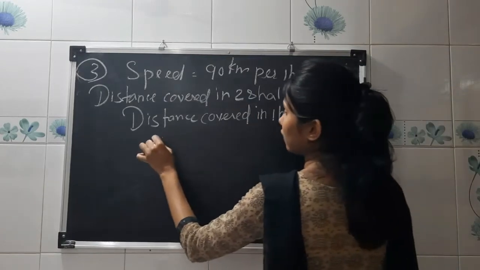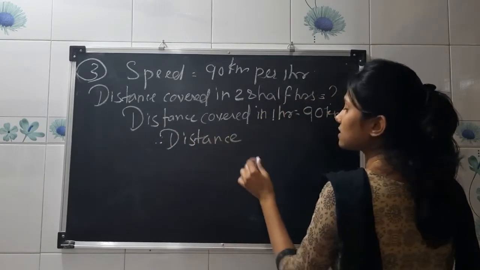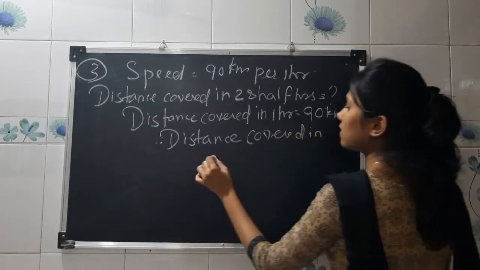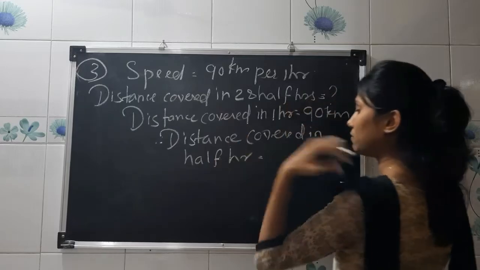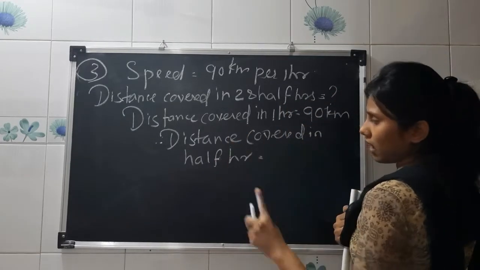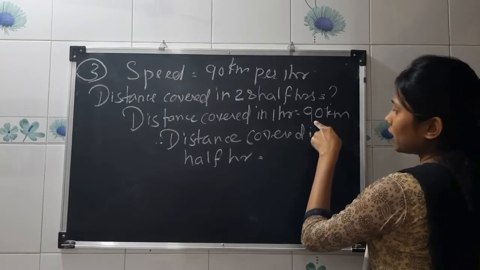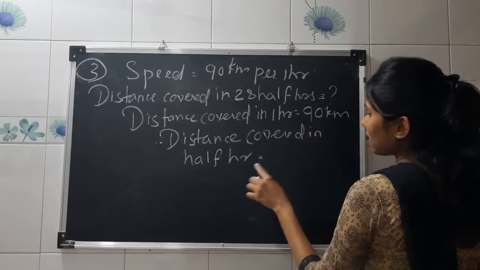So therefore the distance covered in half hour means, half hour is half of 1 hour. It travels a distance of 90 km in 1 hour. So we have to find out the distance covered in half hour.